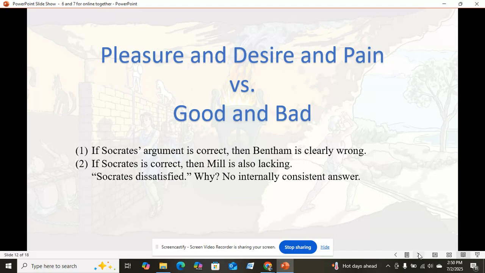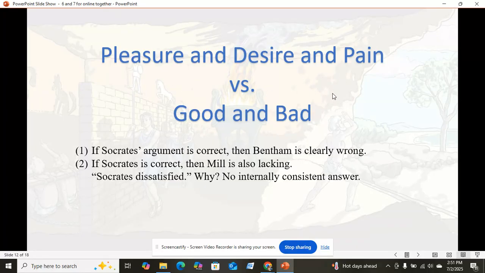But if you're saying that pleasure, the fulfillment of desire, is the good thing, there's no internal consistency to saying that these pleasures are better than those pleasures. Why? If pleasure is the measure, how do you distinguish? That's the challenge.